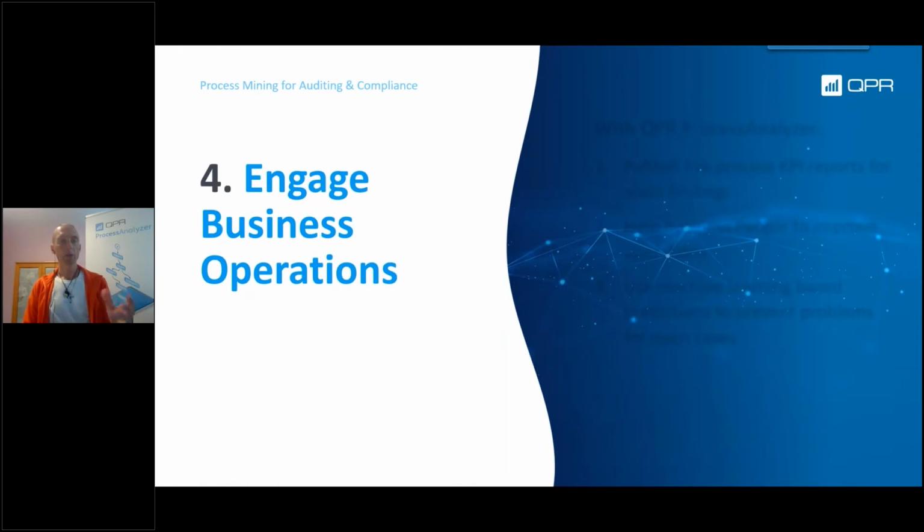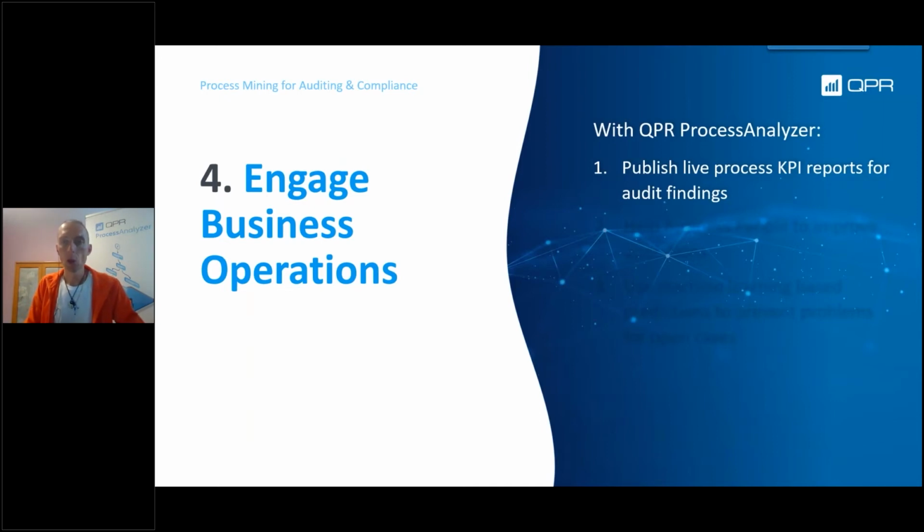Okay, and step number 4, engage business operations. So engaging the business operations, with QPR Process Analyzer, you can publish the live process KPI reports, including the audit findings, targeted for the business people.